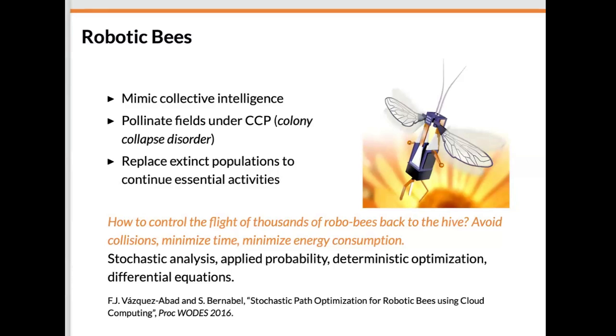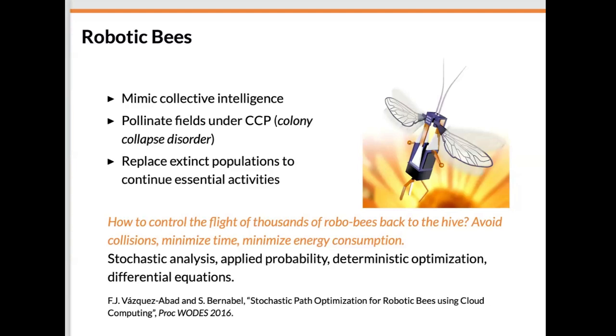If they survive, then they find that the fields are no longer there because they haven't been pollinated. So it's doubly devastating. So in order to help the real bees to come up and resuscitate, rebuild their hive, they send the robotic bees to pollinate, while the real bees can't do it.